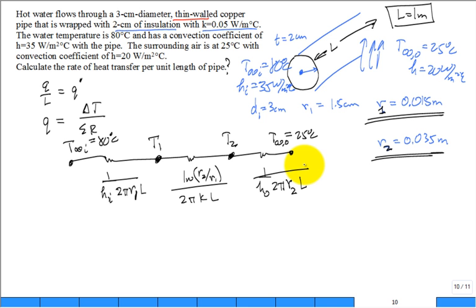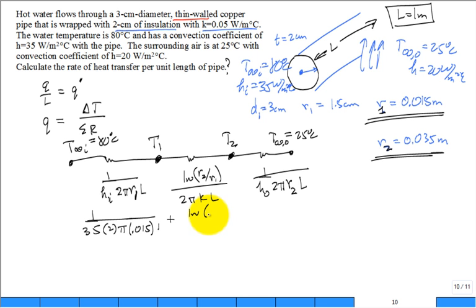Okay. So I'm going to calculate the resistances here. We put 1 over h, so we have 1 over 35 times 2 times pi times 0.015 times 1. Plus, we're going to have the natural log of 3.5 over 1.5.